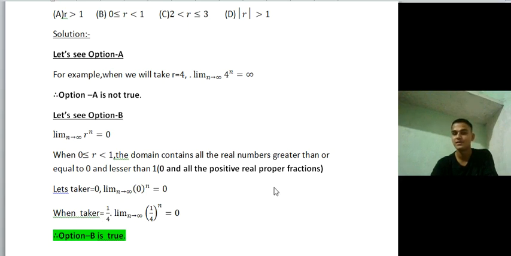And if you take r equal to 1 by 4, then 1 by 4 to the power n is 1 by 4 to the power n, and 4 to the power infinity is infinity, so 1 by infinity is equal to 0.